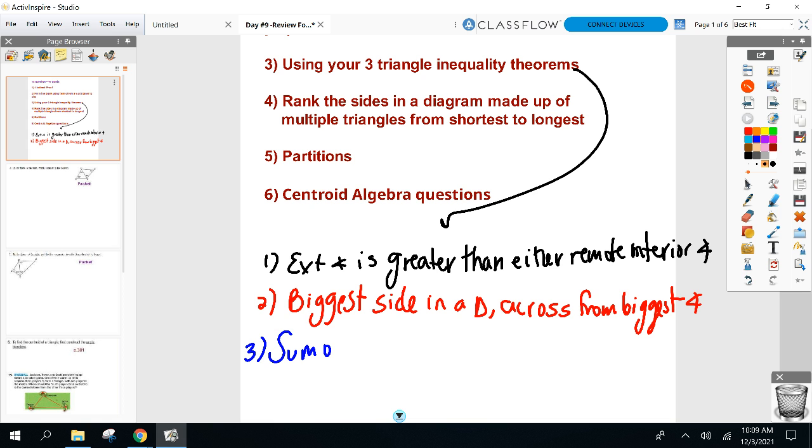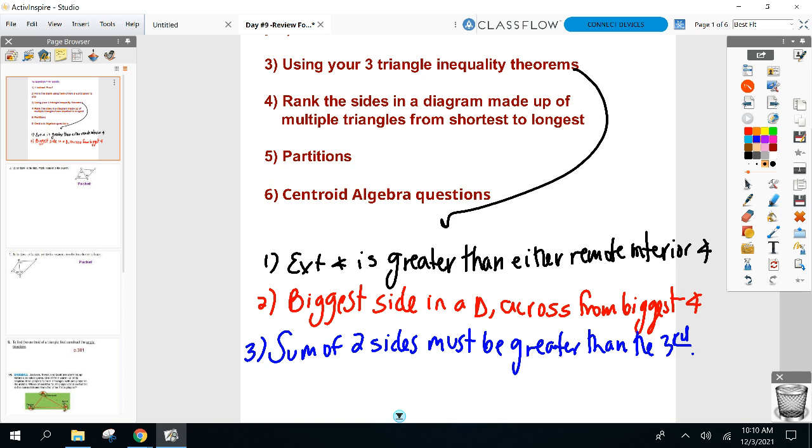Sum of two sides must be greater than the third. Good work. Sum of two sides greater than the third. Those are my three inequality theorems I'm talking about. There will be algebra questions and multiple choice questions based on those three.